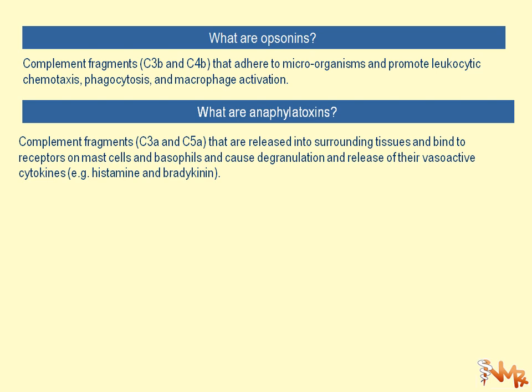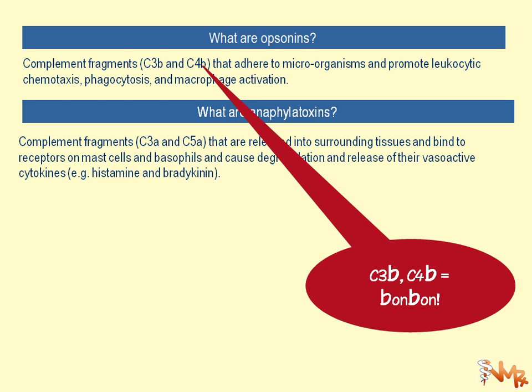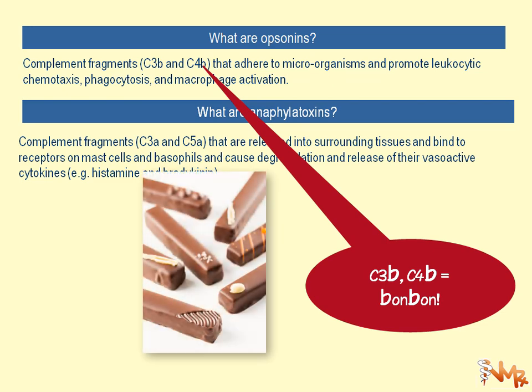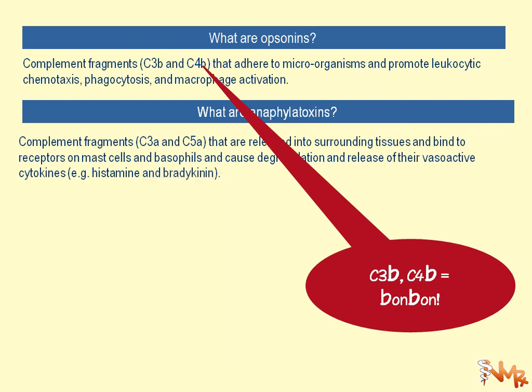So C3b, C4b for bonbon. And remember that I've shown earlier that they stay on the body of the bacteria, and bonbon in French means candy. A candy which is coated by chocolate.